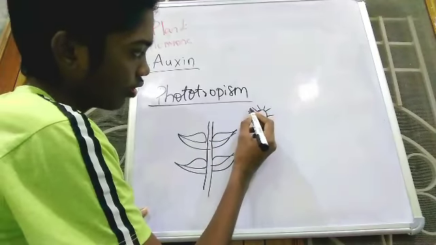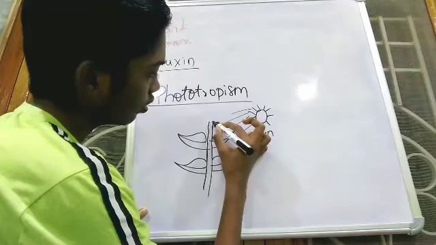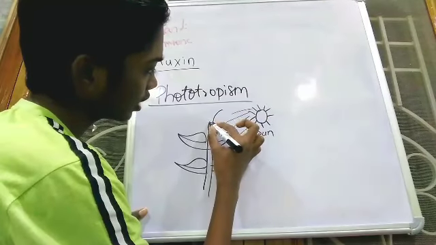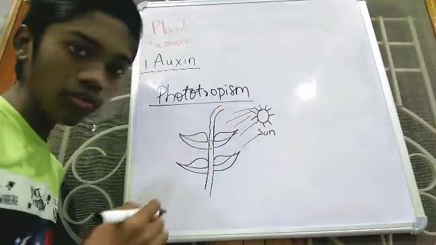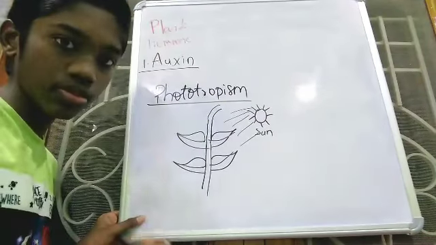So when the sun rays fall on the plant, then the plant slowly bends towards the sunlight. So this type of process by plants is called phototropism.